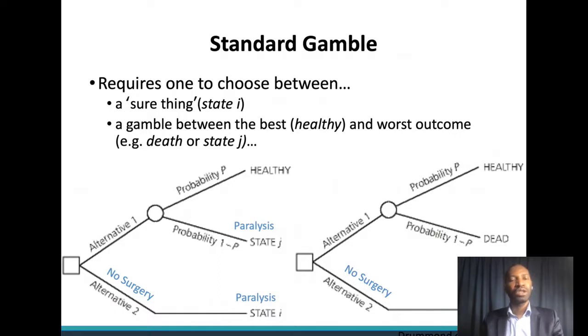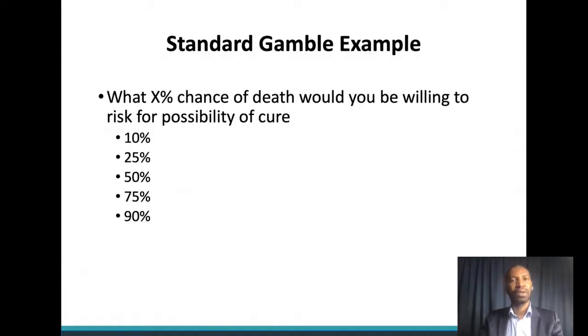Then the process would require one to choose between a sure thing, which could be state I, the healthy state, and a gamble between the best healthy state and the worst outcome, which could be death or some intermediary state that is inferior to state I. So the question would be framed this way: what X chance of death would you be willing to risk for the possibility of cure?